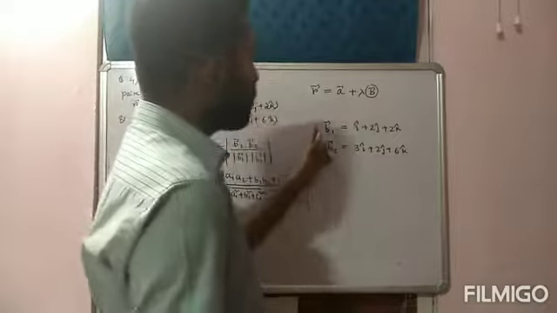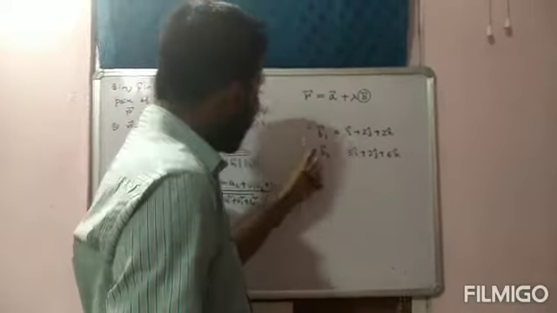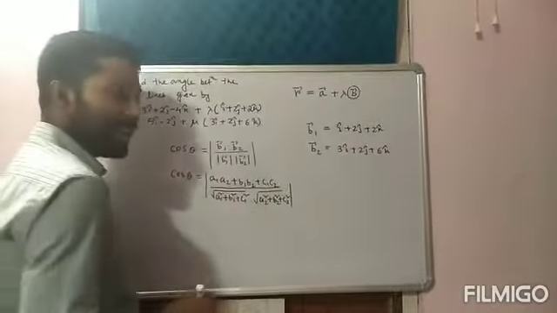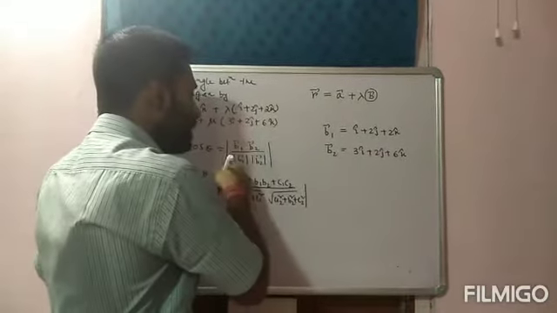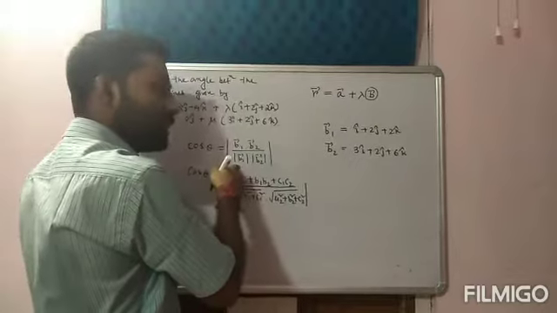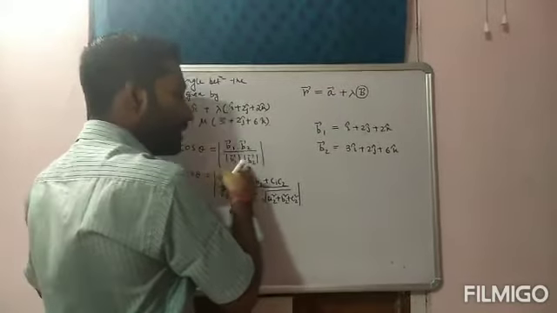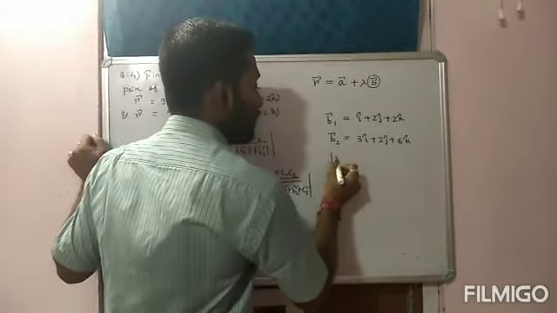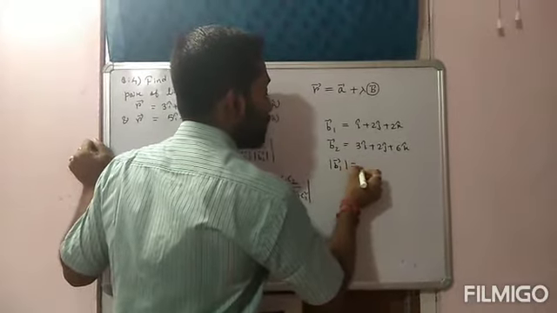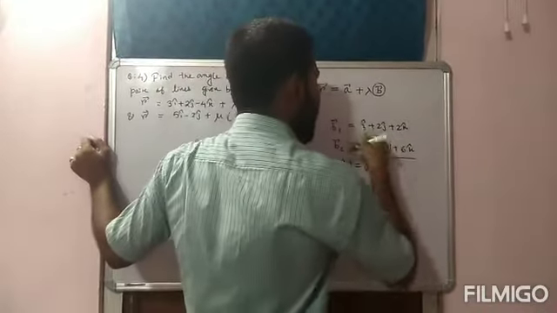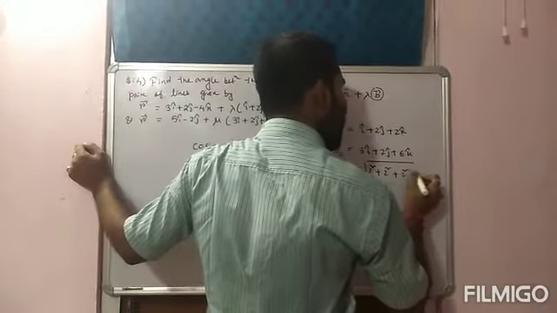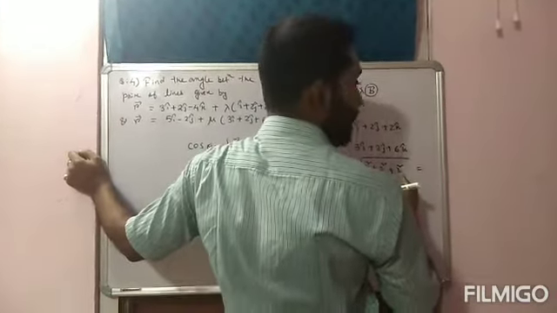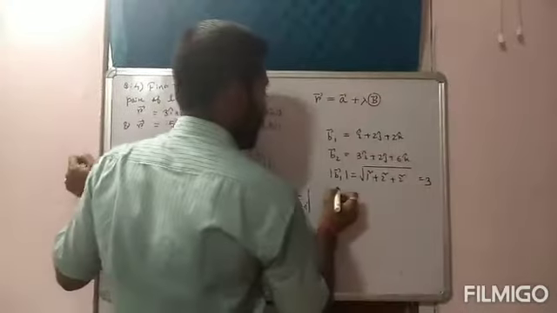Now we know the values of b1 and b2. These two values are only required to find the angle between the two lines. Now you have to put in this formula. But before that, find the magnitude also, because in the denominator, magnitude of b1 into magnitude of b2 is there, right? So magnitude of b1 is equal to, you know how to find the magnitude of a vector? 1 square plus 2 square plus 2 square, that is 1 plus 4 plus 4, 9, which is equal to 3.